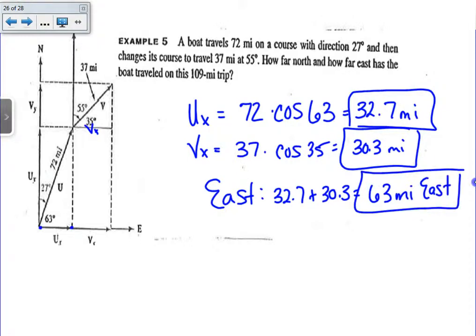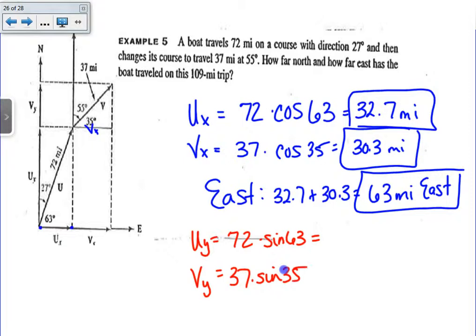Now we're going to do the same thing for the vertical components. So u sub y is still a magnitude of 72, because that was this part of the trip, and then times the sine of 63. And then we're going to do the same thing for v sub y for the other part of the trip. His magnitude was 37, and for the vertical part, it's the sine of his angle, which was 35. So let's go ahead and calculate that.